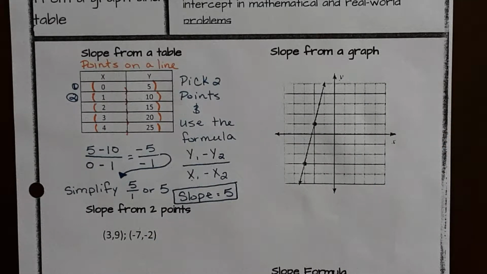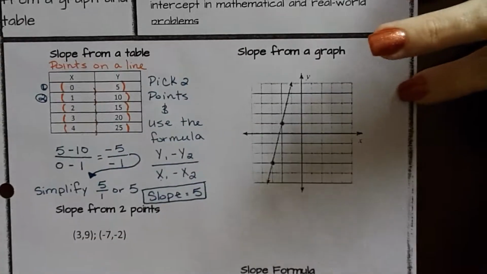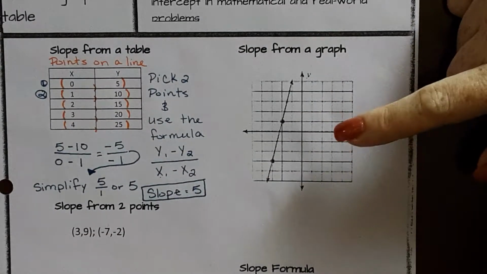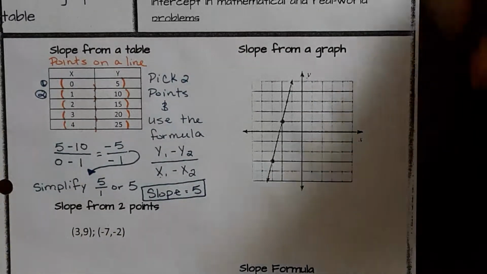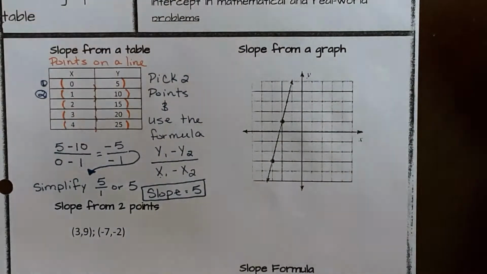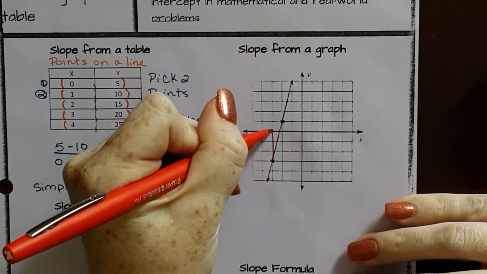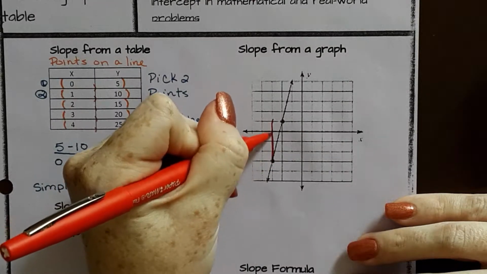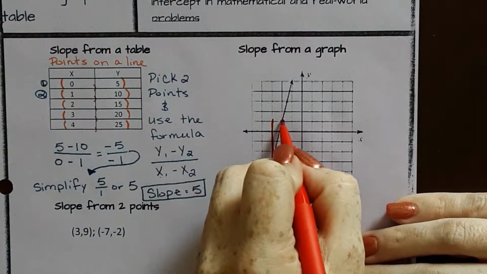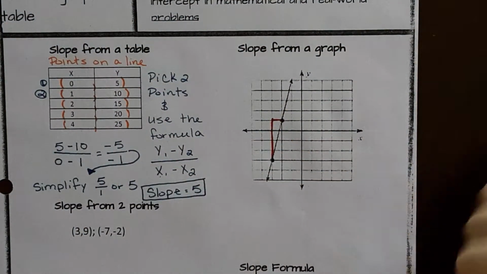Okay. This works the same when you're working with a set of graphed numbers. You can use this same method. In the past, you've counted the number of lines you move up and the number of lines you move over.